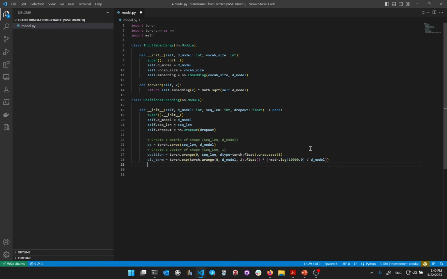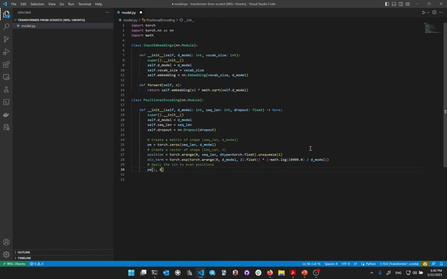Now we apply this numerator and denominator to the sine and the cosine. As you remember, the sine is only used for the even positions and the cosine only for the odd positions. So we will apply it twice. Let's do it. So every word will have the sine, but only the even dimensions.